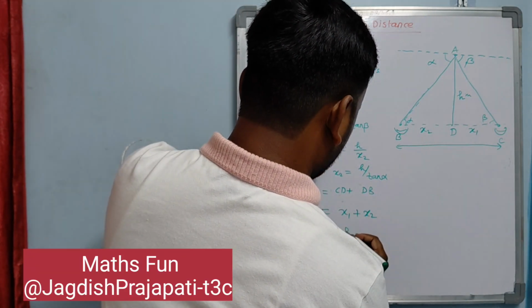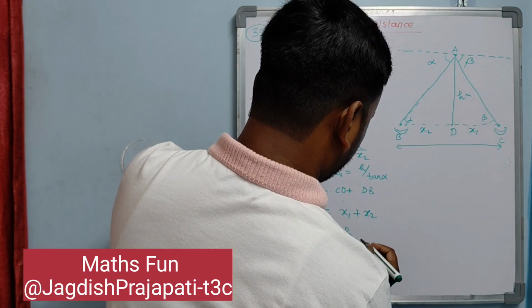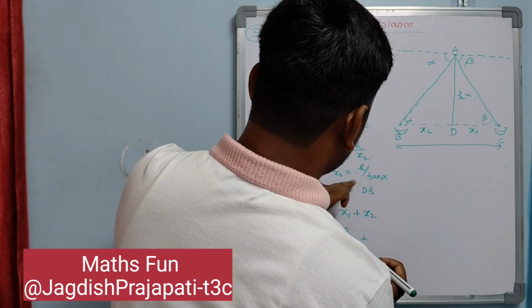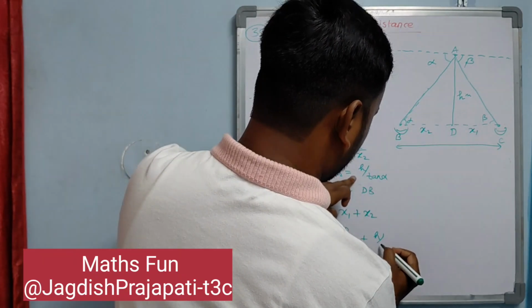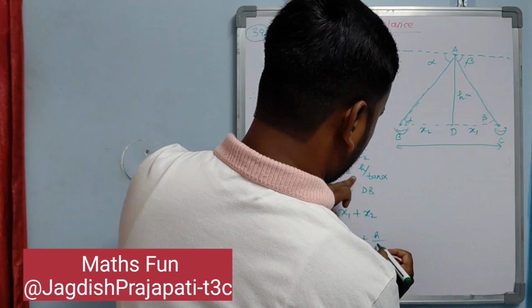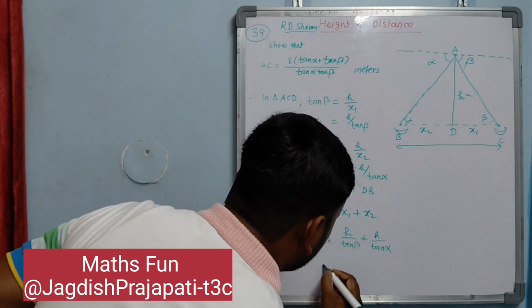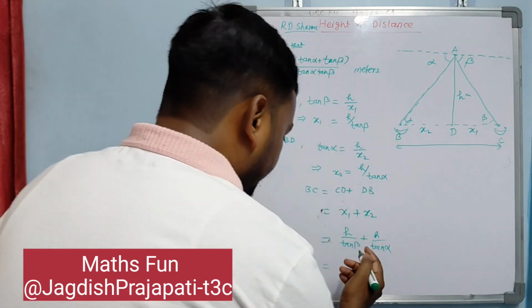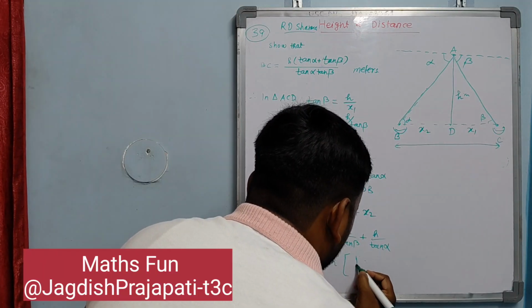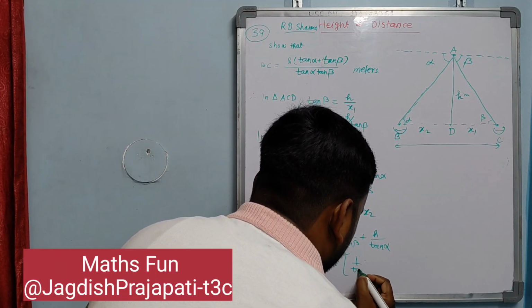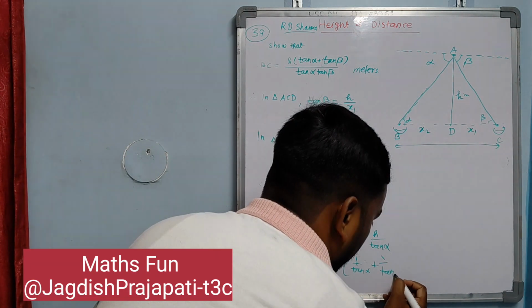So x1 is h upon tan beta, x2 is h upon tan alpha. Now if you simplify this, it will be h times 1 upon tan alpha plus 1 upon tan beta.